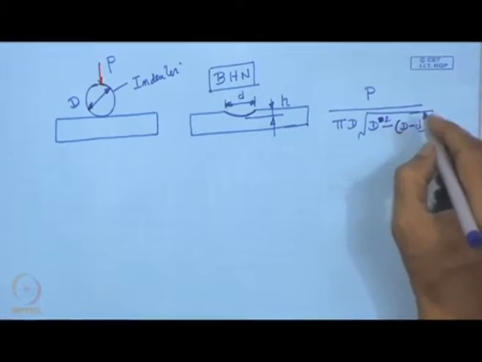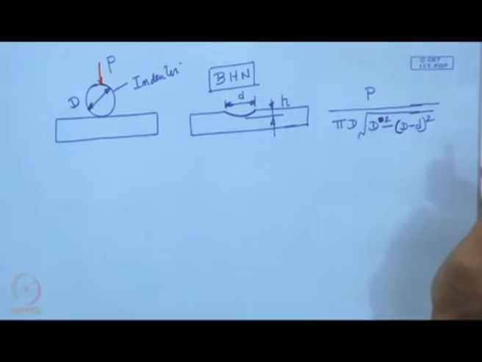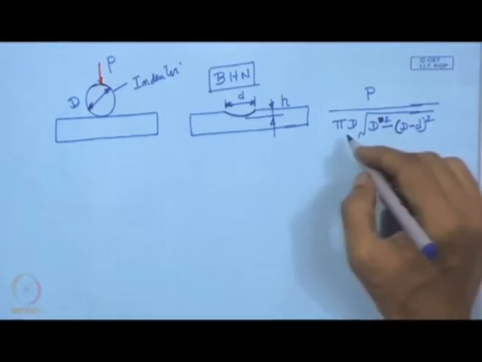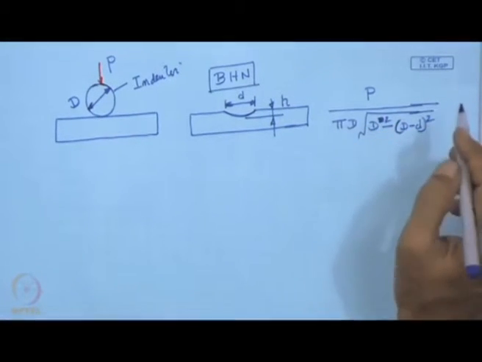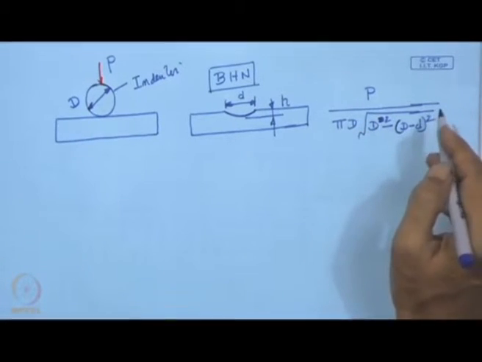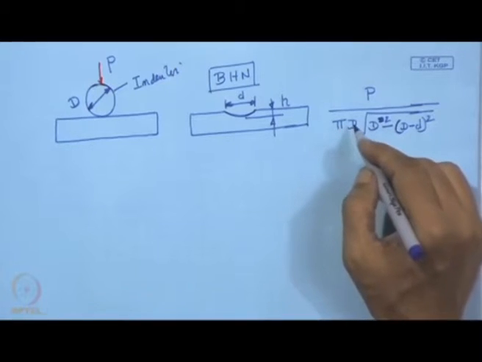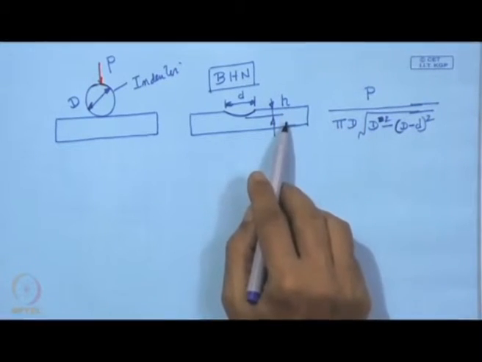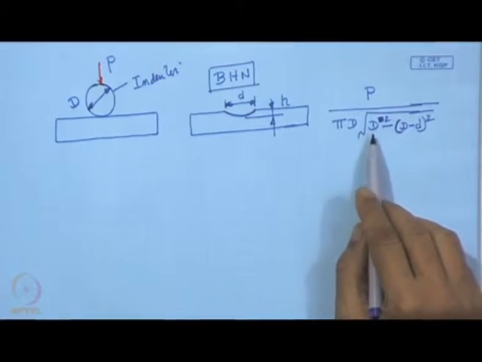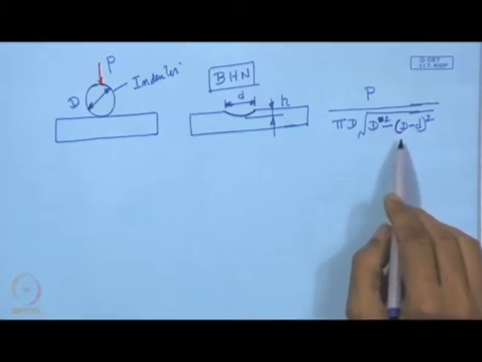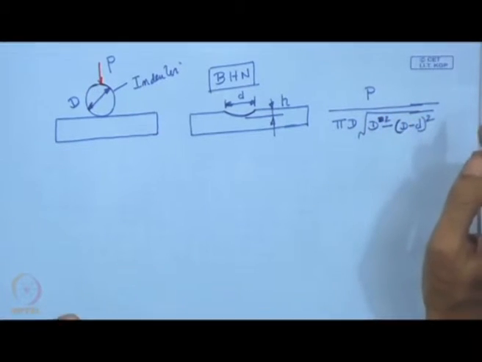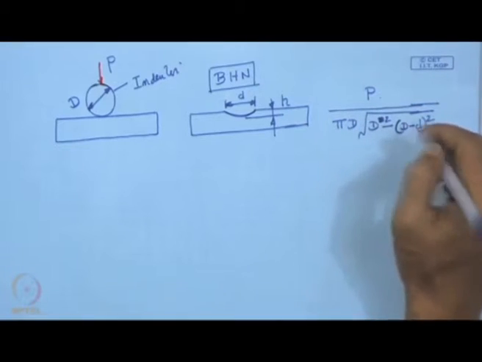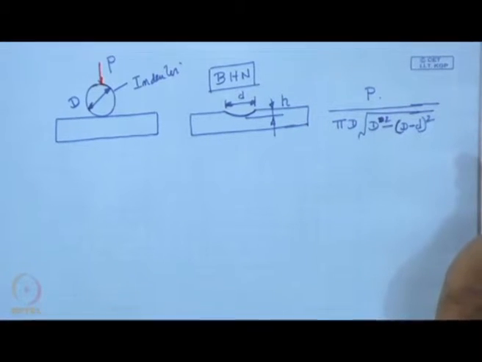So, this is actually going to be the value of H, and from this value of H and this diameter of the ball, this denominator is going to give this area under indentation. So, it is actually pi D into H, and this H is geometrically related by capital D square minus, within bracket, capital D minus small d whole square. So, this is actually the Brinell hardness number. In fact, this is load divided by area under indentation.